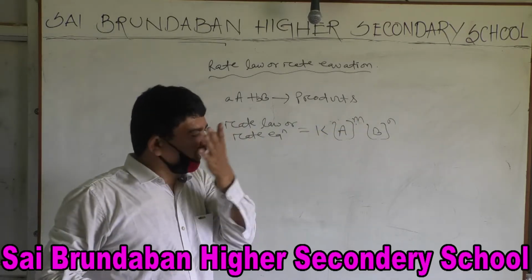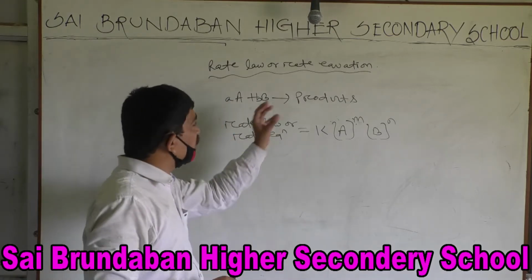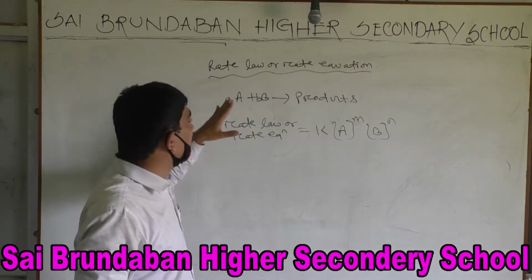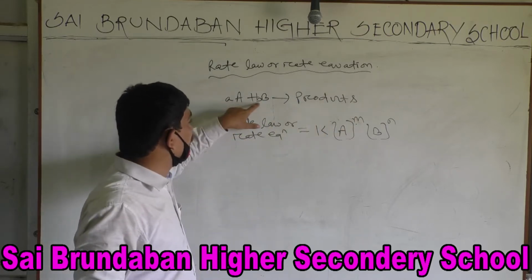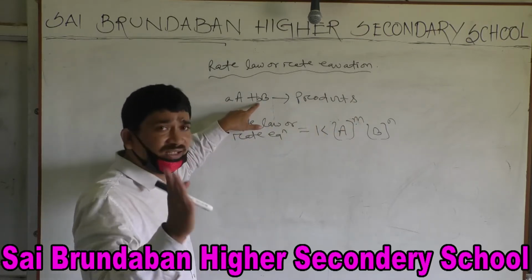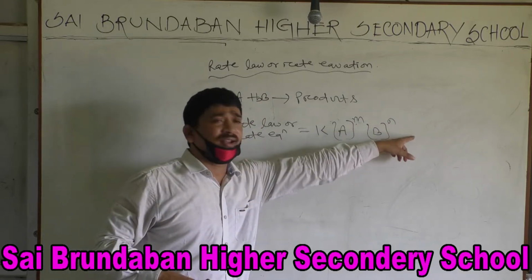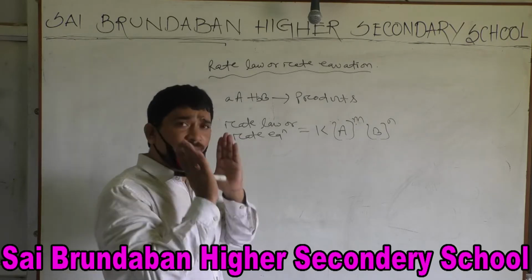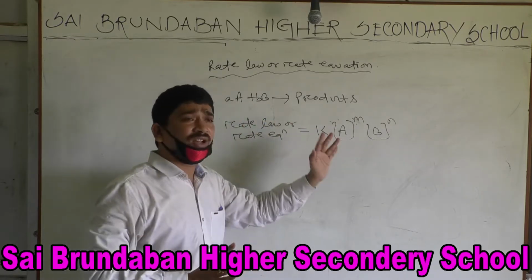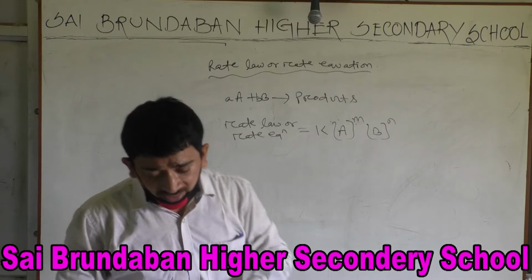What are m and n? They are the actual number of moles that take part in the reaction to give the product. Small a and small b represent the coefficients of the reaction, that is the number of moles, but m and n say how many moles actually take part in the reaction to give the product.